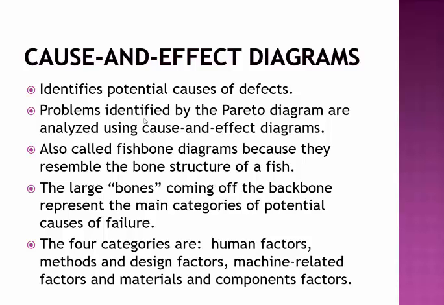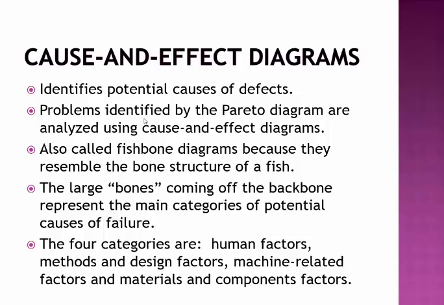So we're basically breaking it down into 4 distinct categories. What are the human factors that could cause that effect or that reaction from our copy machine? What methods and design factors could cause that defect?